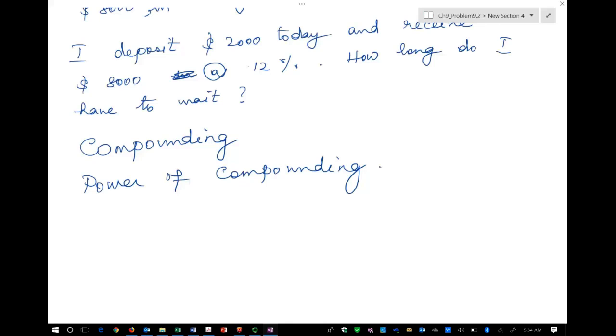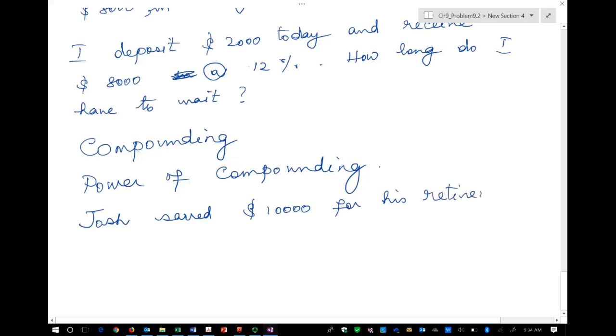So let's put some names to that problem. George saved $10,000 for his retirement 30 years ago.